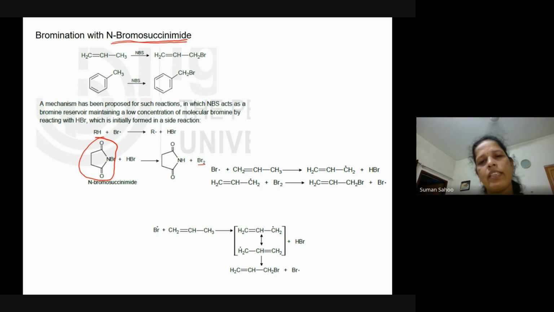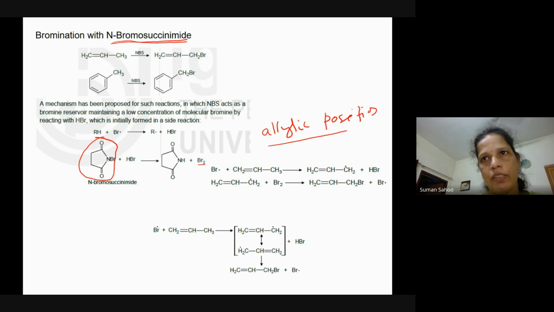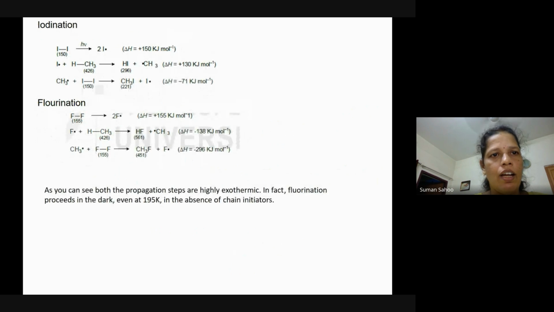Once bromine is reacted, then again bromine will be formed. So in this reaction, actually the bromination takes place at the allylic position. So this is mostly your allylic bromination.